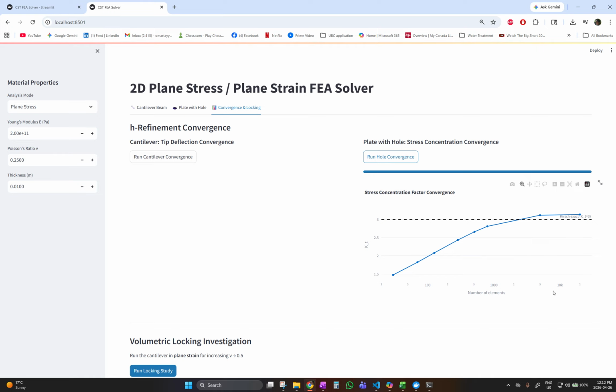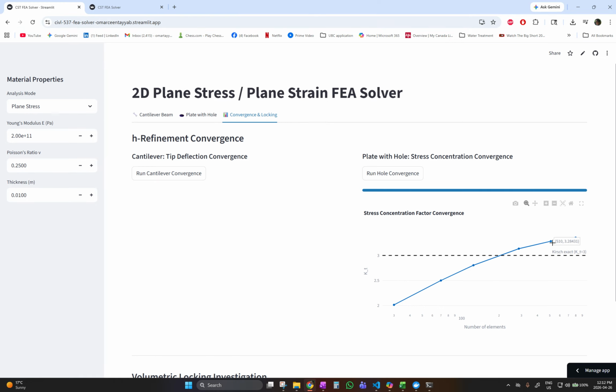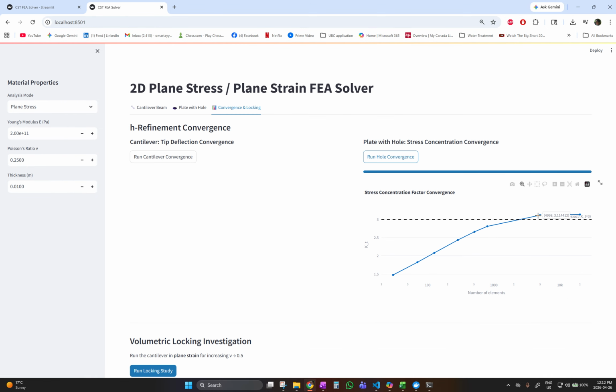So when we up the elements, we do a better job at approximating Kirsch's conditions. First of all, I feel like this is what I call convergence. The previous was almost near convergence, but not really. I'm satisfied in saying that this has now fully converged.